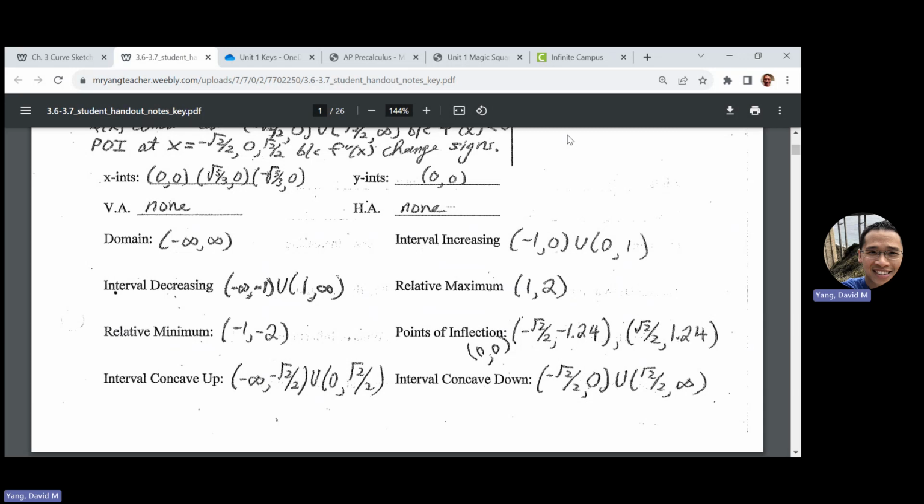I like to separate it because you won't get points off for separating. Sometimes though, I do see some students merging things together and then they forget there's a vertical asymptote there. And if you merge together, that'll be incorrect. So I like to just always separate. That way, I'm never going to get points taken off.